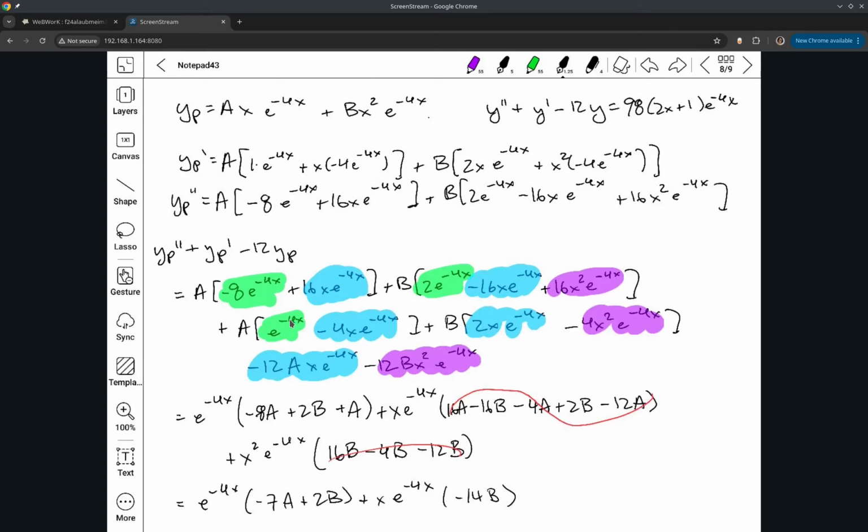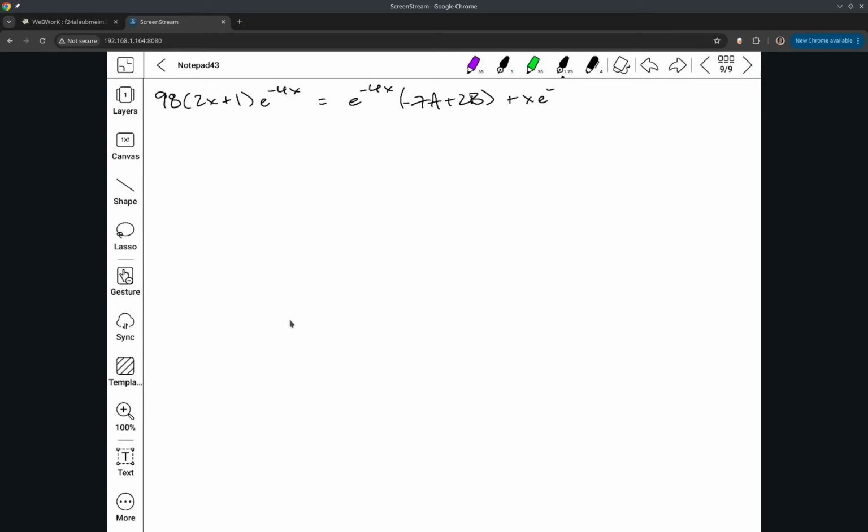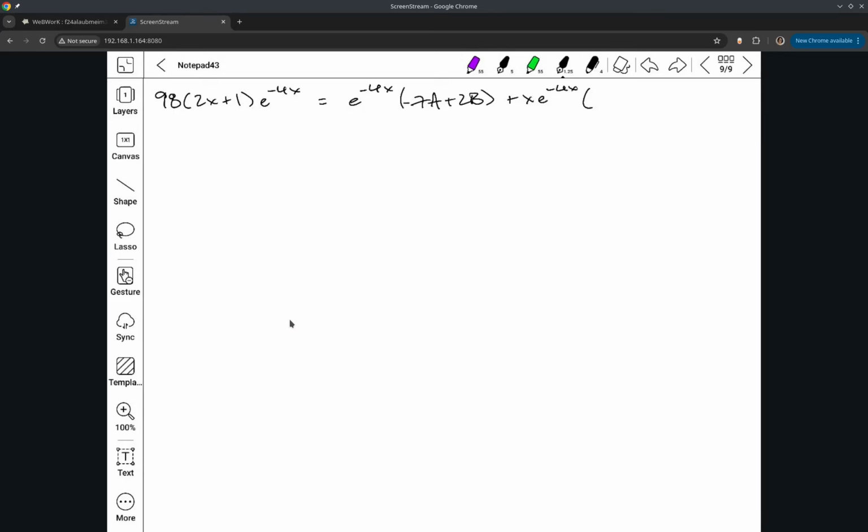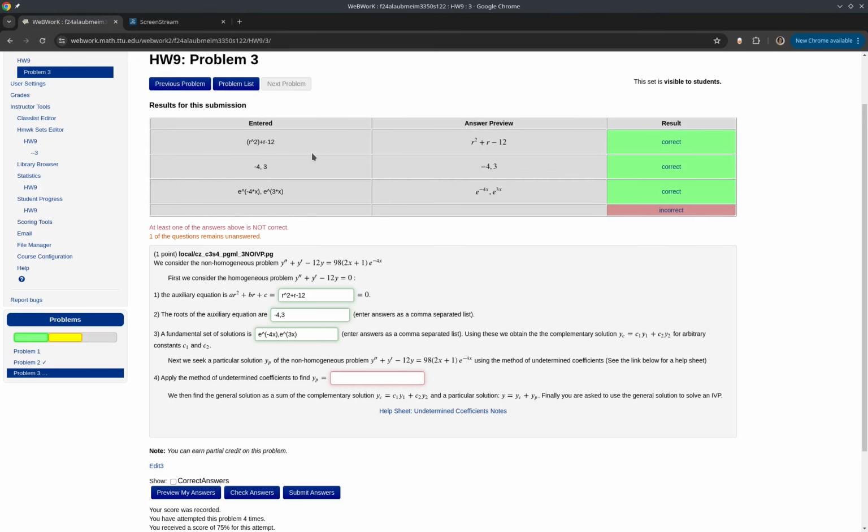Plus x e to minus 4x times minus 14b. Okay. And then before I continue, I just want to make sure I've got this right side right. 98 times 2x plus 1 e to minus 4x. Okay.